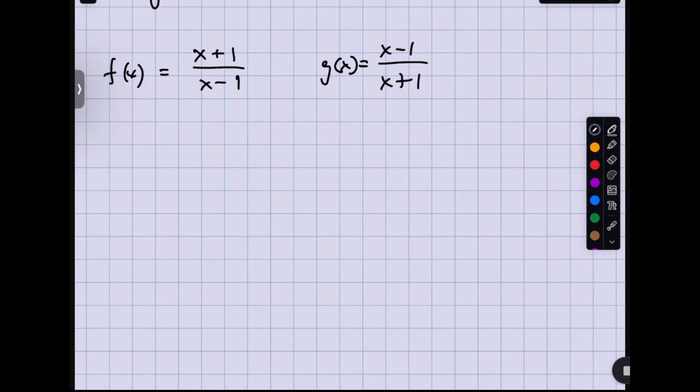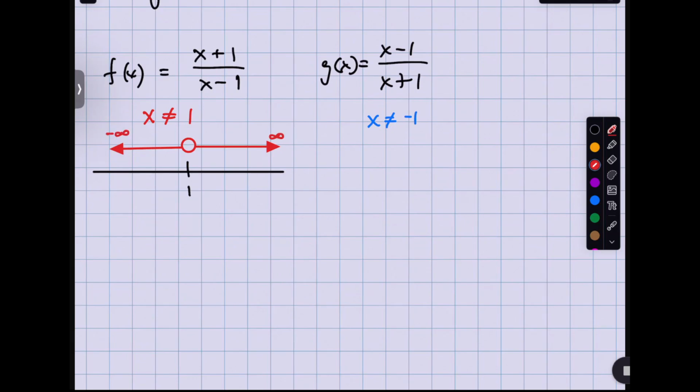The reason you have an open circle on the 1 is because it can't be included.